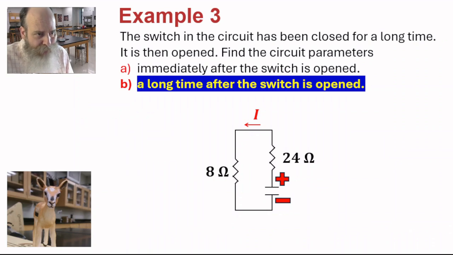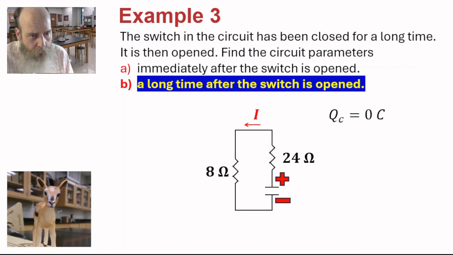Now let's look at case B, a long time after the switch is opened. So a long time after the switch is opened, the current is eventually going to go to 0 because all the charge is going to be dissipated, and the energy of the capacitor will be dissipated into thermal energy in the resistors.